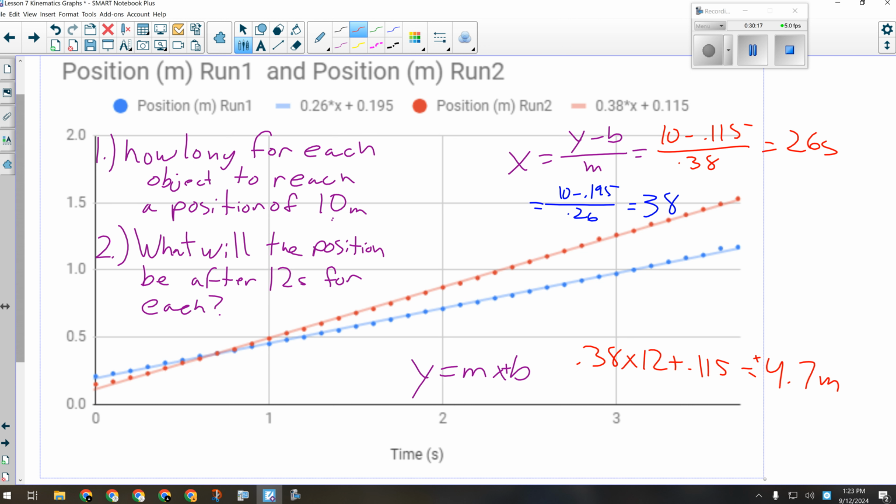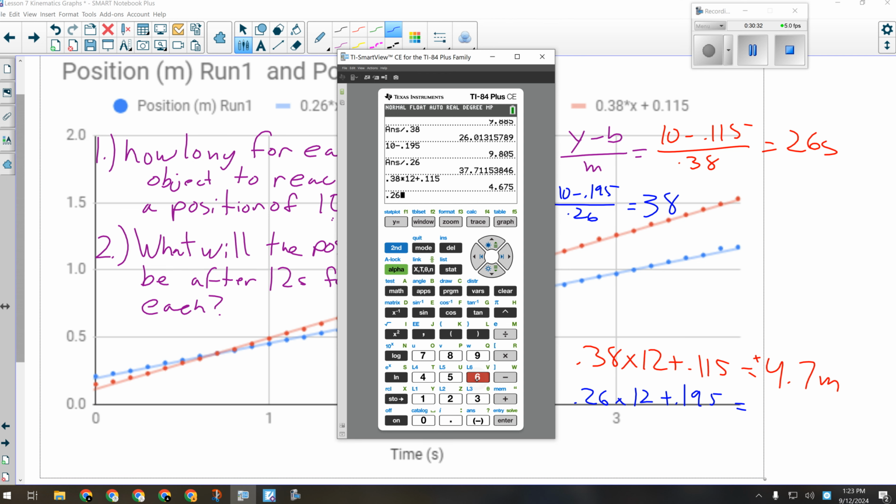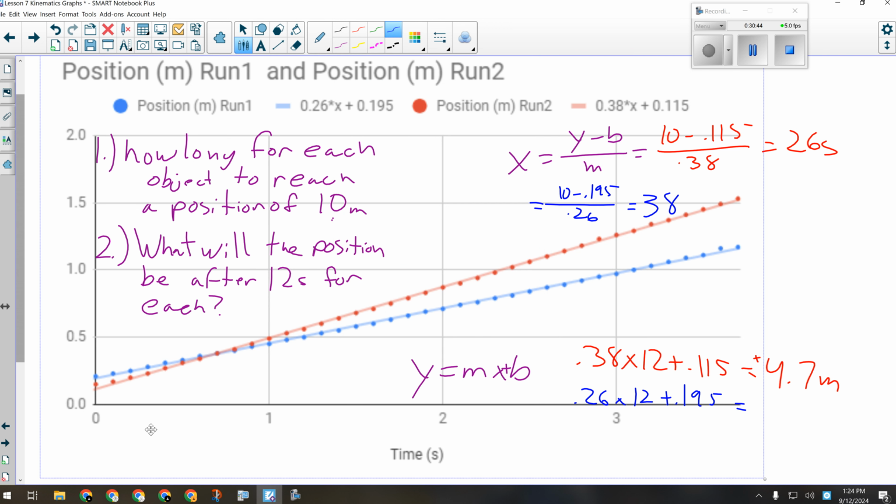And then for the blue one, we'll take our 0.26 times 12 plus 0.195. So we're looking at 3.315 for that one, which makes sense.